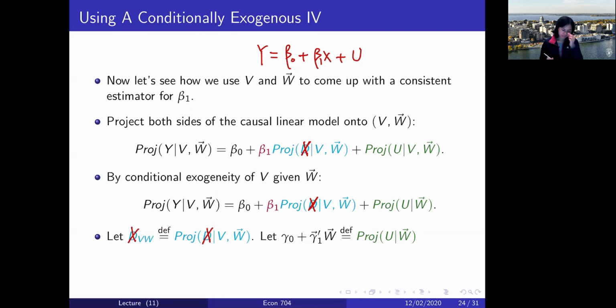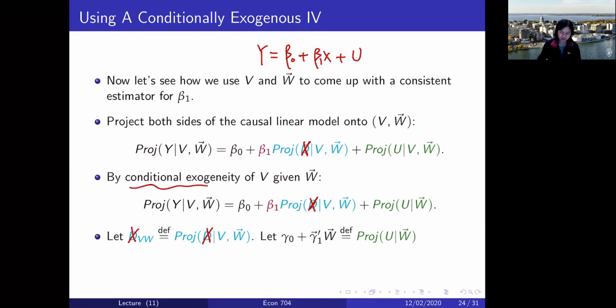Now, we project Y on V and W. That projection equals beta 0 plus beta 1 times the projection of X on V and W plus the projection of U on V and W. Now, by the conditional exogeneity of V given W, the V in the projection of U on V and W should drop out.